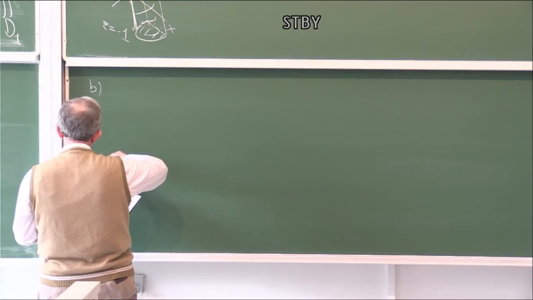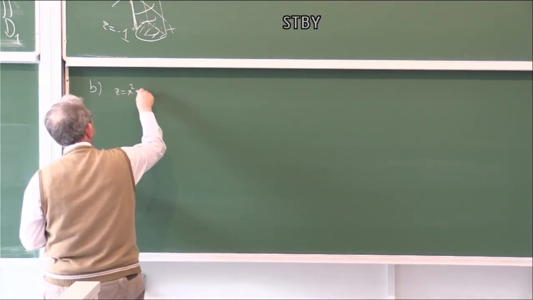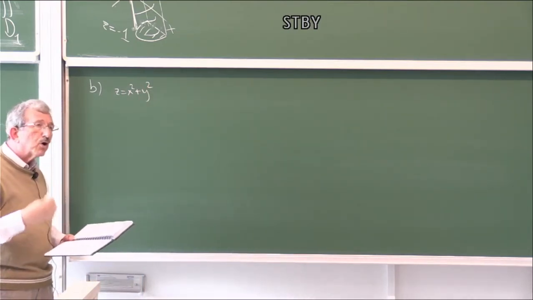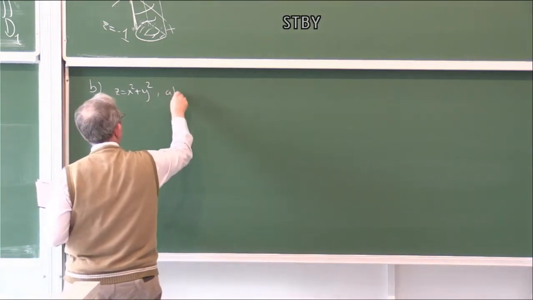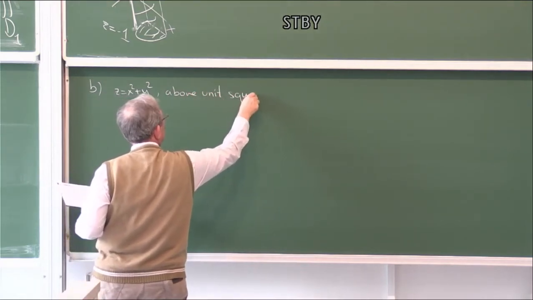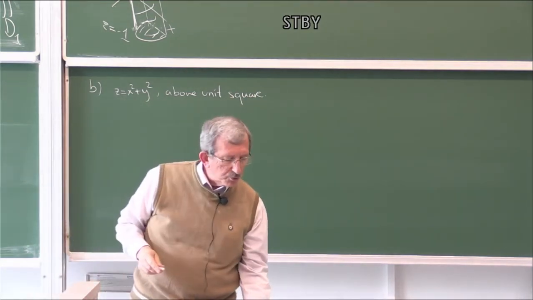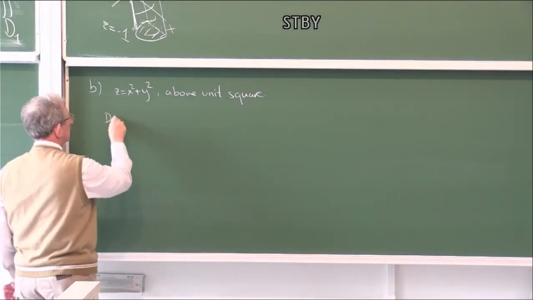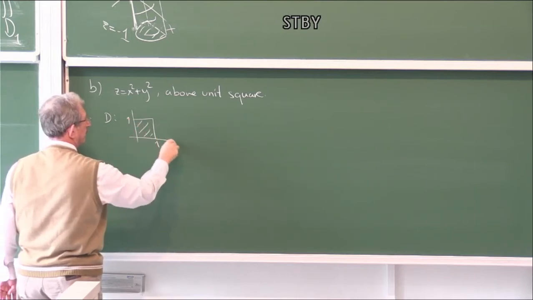So, the second one is, that is x squared plus y squared. This is one of the surfaces which bounds our solid, and above the unit square. By unit square, we mean the D, which is 1 in the x squared.